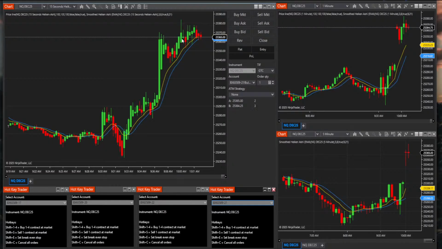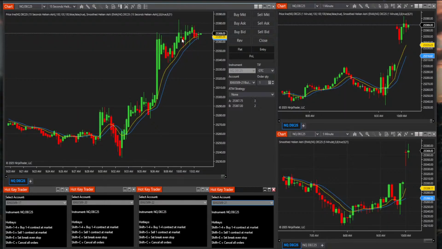But what if you want to do a break even plus 4 ticks and try to get yourself a point? Why get stopped out at break even? You can do an offset, like plus 4.